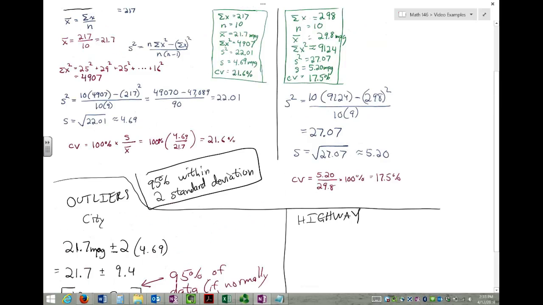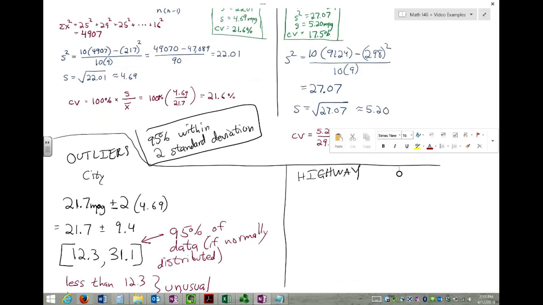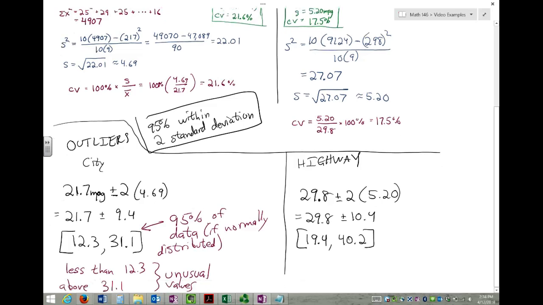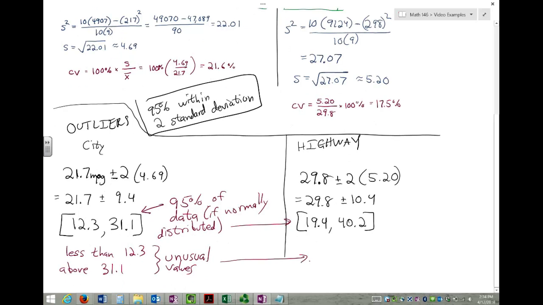So for the highway, we have 29.8 plus or minus 2 times 5.20, which is 29.8 plus or minus 10.4. So our interval here is going to be 19.4 to 29.8 plus 10.4, which is 40.2. And the same thing applies: 95% of the data, if normally distributed, will fall in this range, and the unusual values are less than 19.4 or above 40.2.